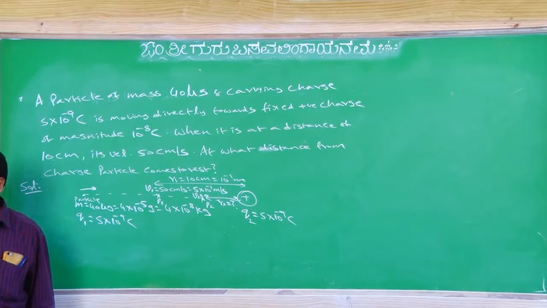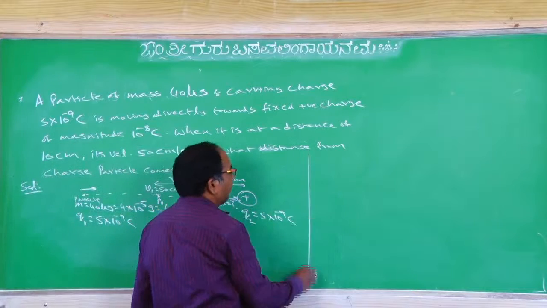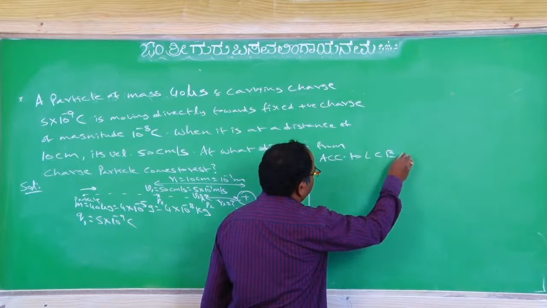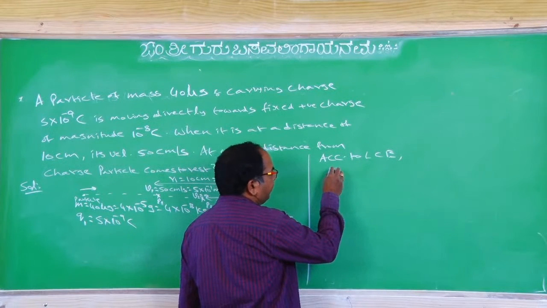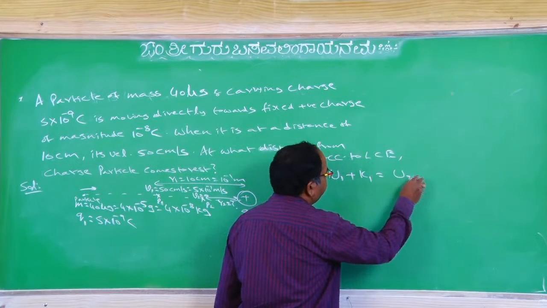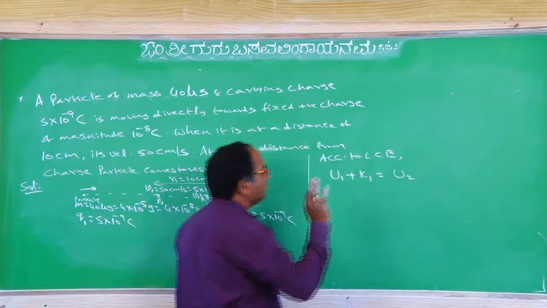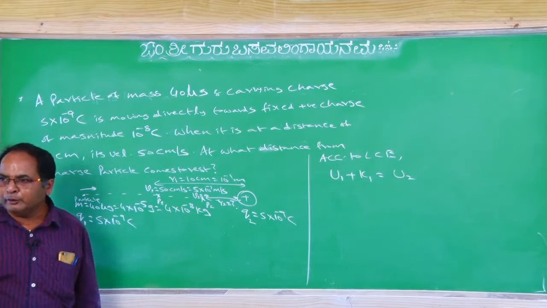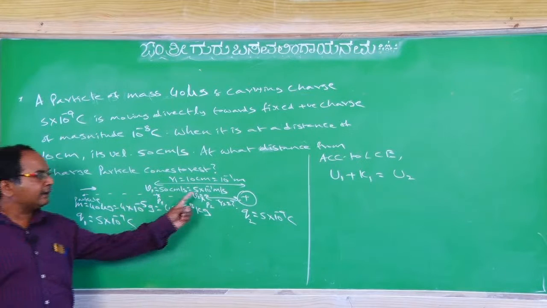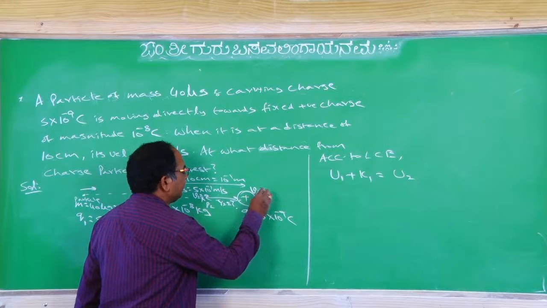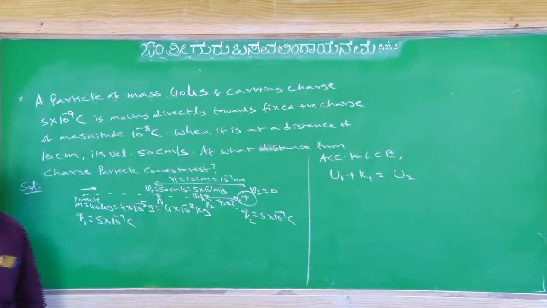Again, by applying the law of conservation of energy. According to the law of conservation of energy, at point P1, U1 plus K1 is equal to, at point P2, U2, why? Because it comes to rest, means here its velocity V2 is equal to 0.